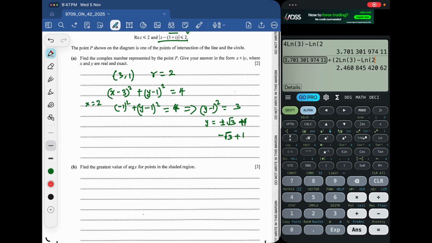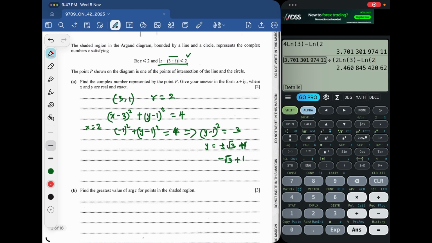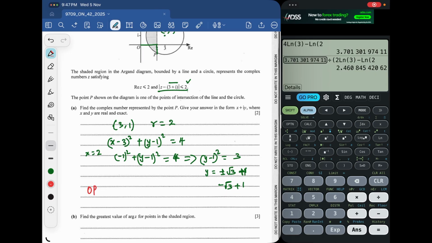So my P will be, so I need to go 2 to the right. So OP will be 2 plus (minus root 3 plus 1) i.